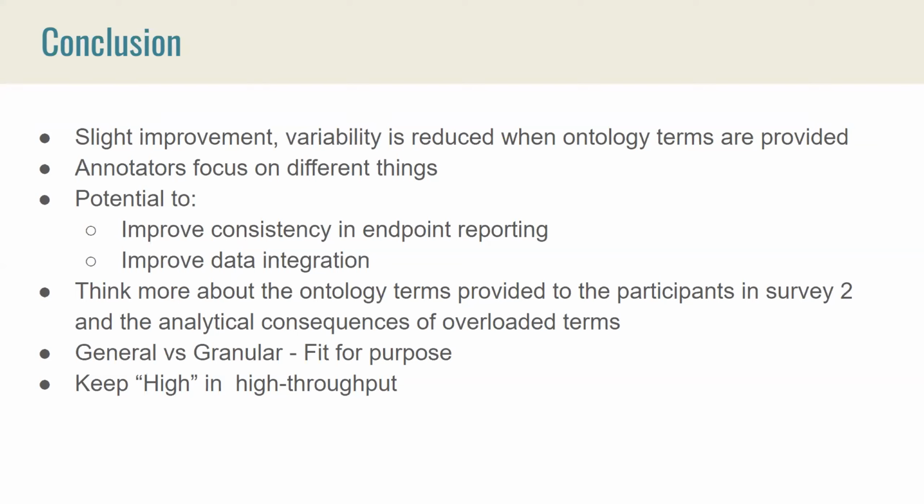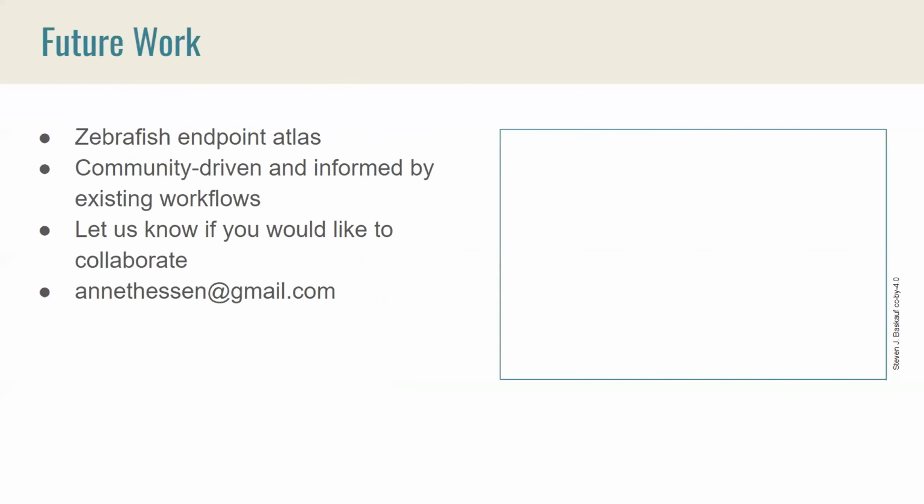It really needs to be fit for purpose. I suspect we need to be as specific as we can be while still keeping the high throughput. The whole point of high throughput is that we get a lot done, so the annotators can't spend a lot of time trying to figure out which specific annotation to give to a specific larva.